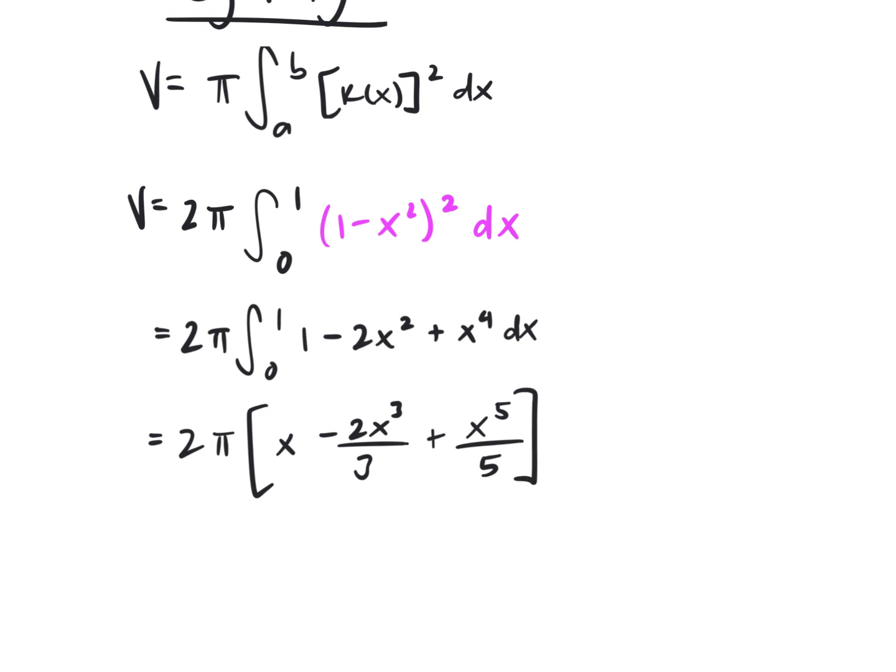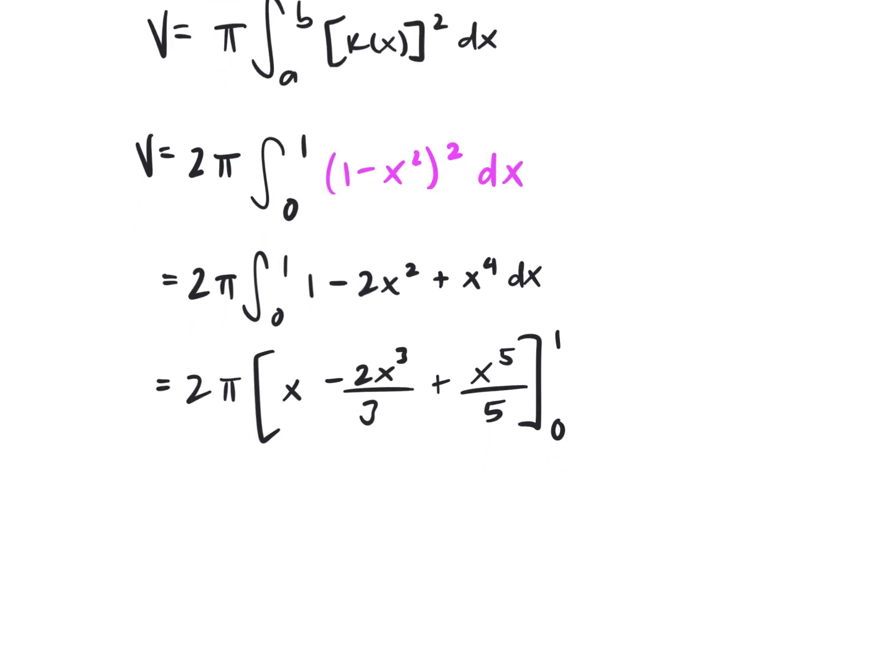And then from here, we're going to plug in 1 and plug in 0. I'm just going to leave that 2 pi out in front, and we'll deal with that at the end. So when I plug in 1, I get 1 minus 2/3 plus 1/5. Do I even need to worry about plugging in 0? Nope, because I'm going to get 0. Technically, it's a minus 0, but that doesn't really do anything anyways.